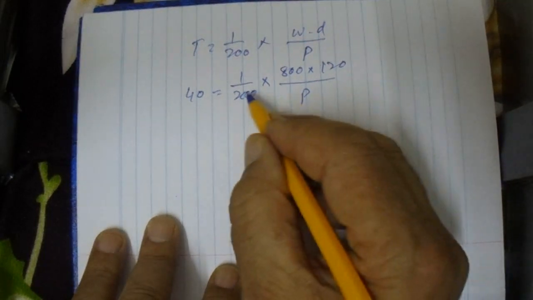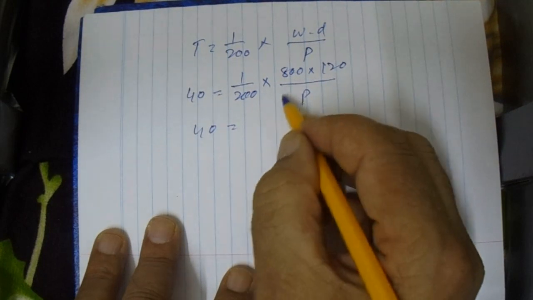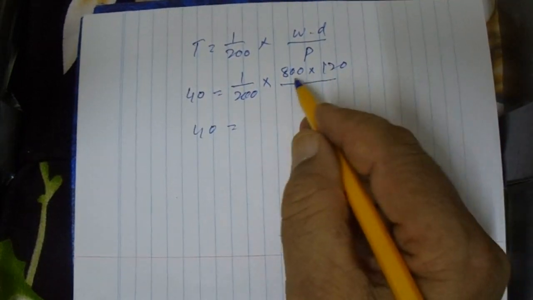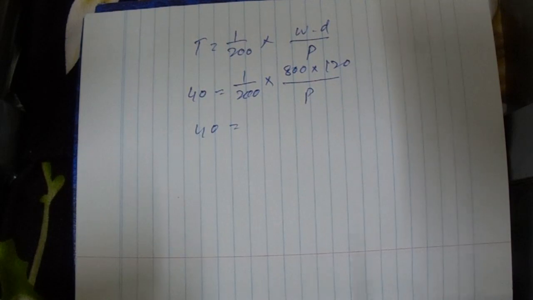Now we multiply this: 40 is equal to 800 multiplied by 120 over 200 P.